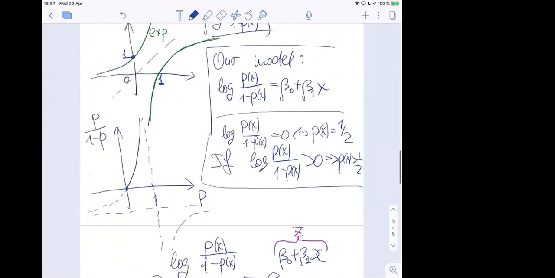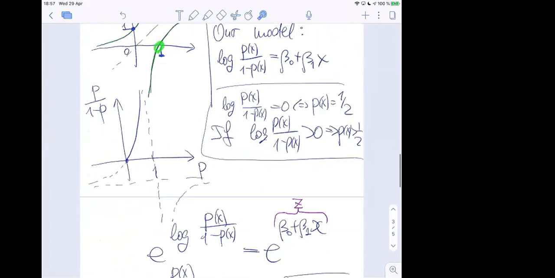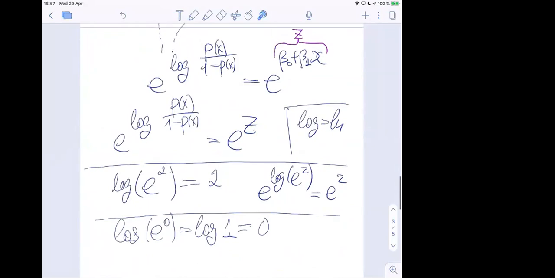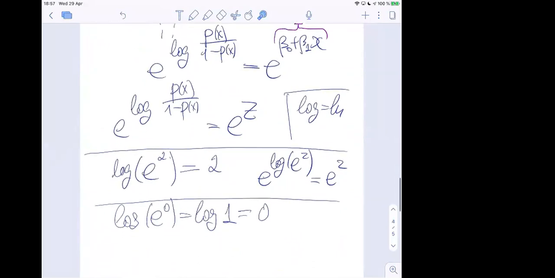I just wonder if there are some problems with the domain of definition, like when we say that log of e squared is 2. Yes, it is an equality, but do we have the same? Yes, we have the same.